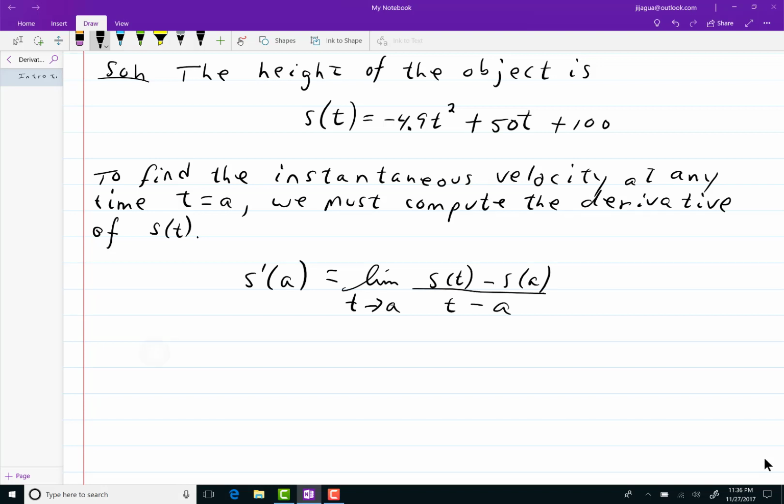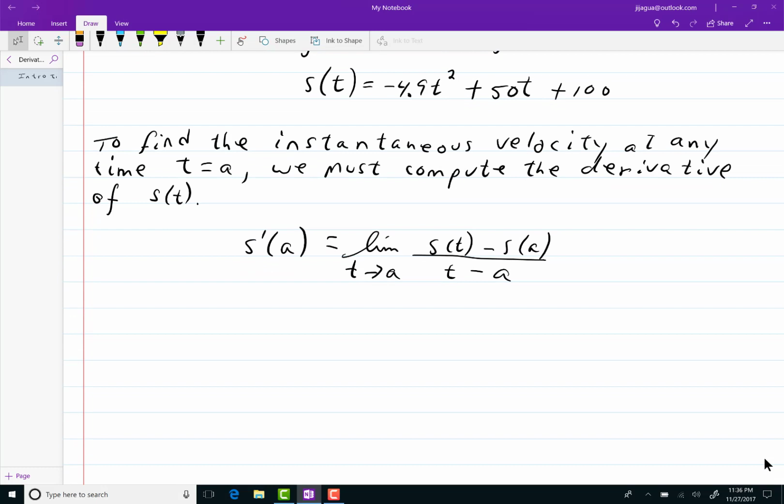Now what I'm going to do next is plug in the relevant formulas. So limit as t goes to a. S of t, negative 4.9 t squared plus 50t plus 100, minus s of a.